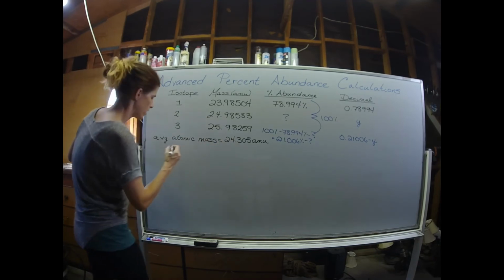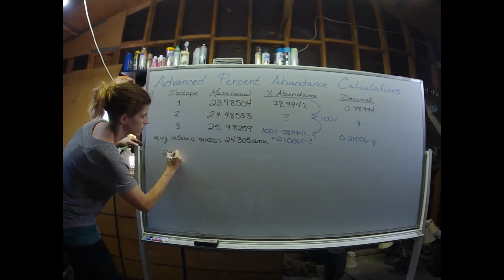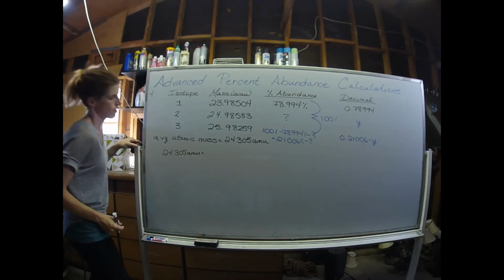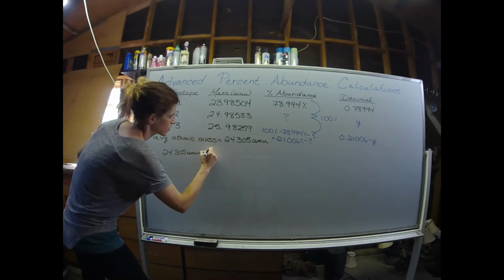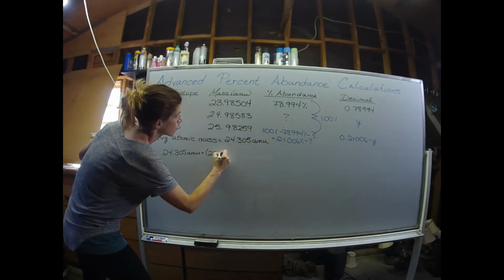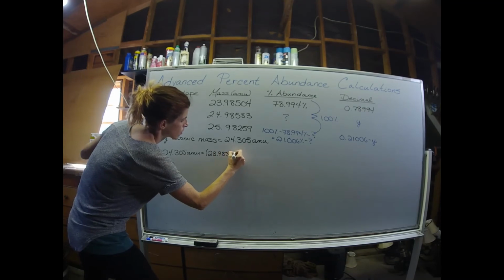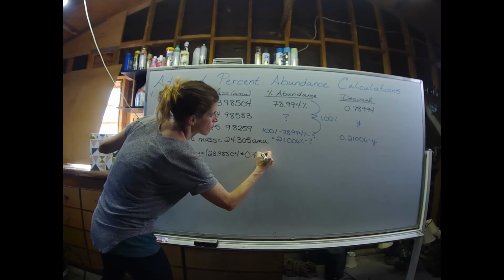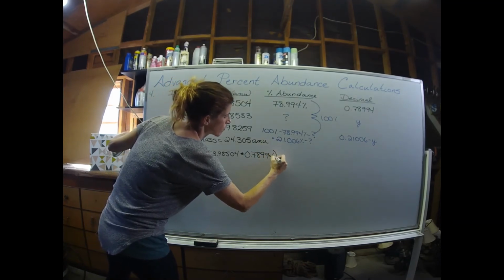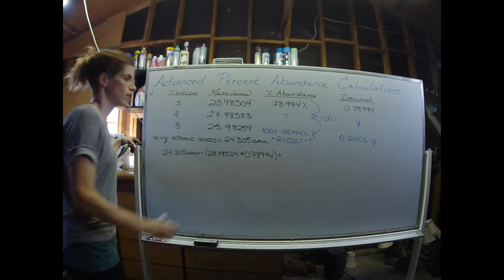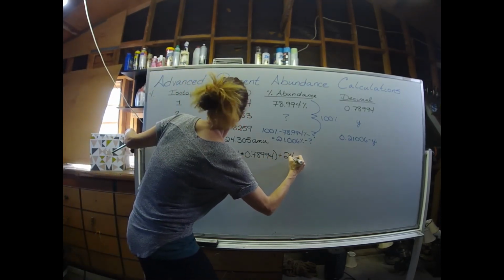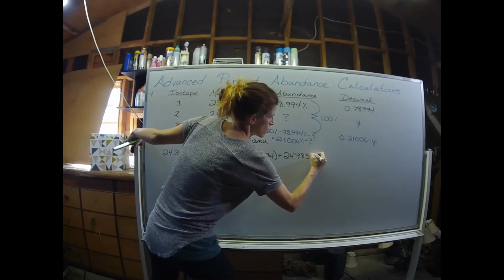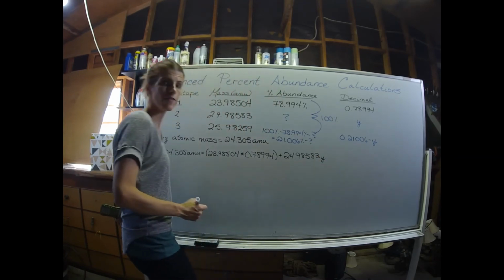Alrighty, so I'm going to start with the average mass. And that's going to equal the mass of isotope 1 times its percent abundance in decimal form, plus the mass of isotope 2 times its percent abundance, which is just represented by that y variable.